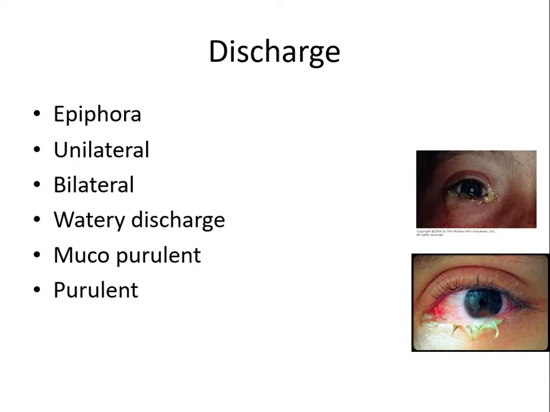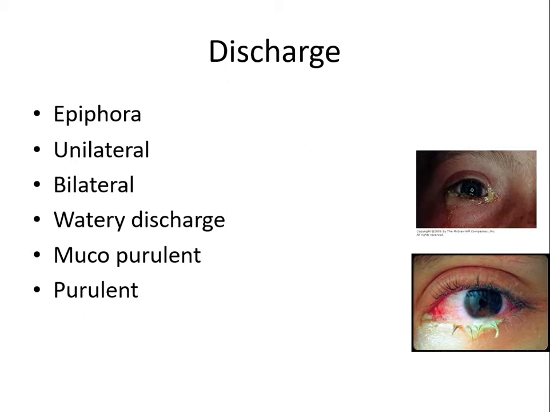So watering or excessive lacrimation is known as epiphora. The causes of epiphora could be excessive lacrimation because of reflex caused by the irritant which has fallen into the eye. It could be onion juice or a chili flake or any foreign body, or it could be because of obstruction to the drainage of the lacrimal system.